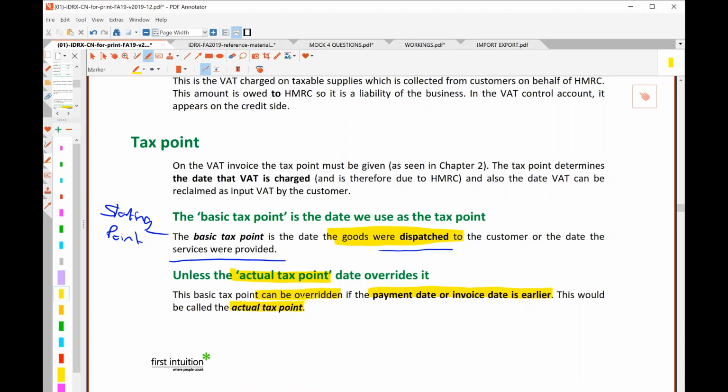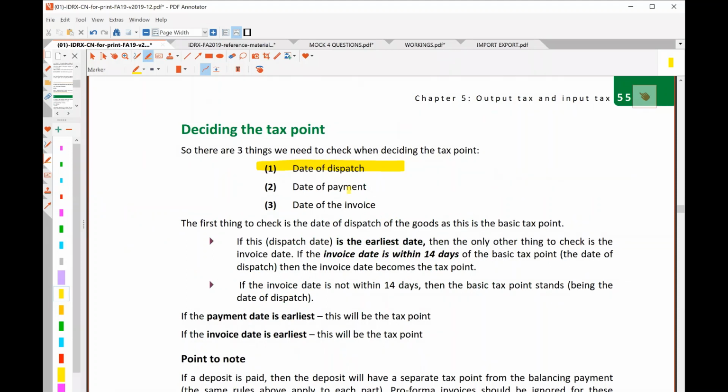So this here is your starting point. The starting point is always going to be your dispatch date. Then you would look and see, has payment been made before the dispatch date, or is the date of the invoice earlier than that dispatch date? If 2 or 3 are before number 1, then either 2 or 3 becomes the actual tax point.